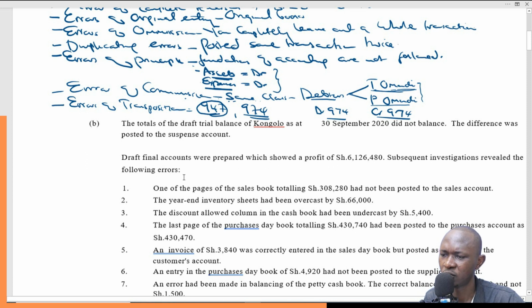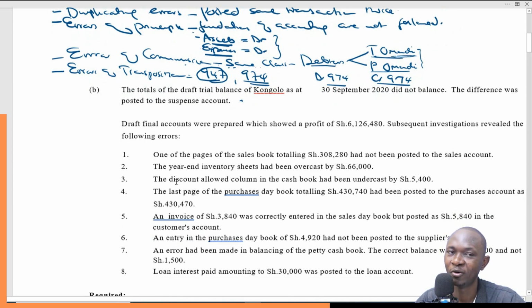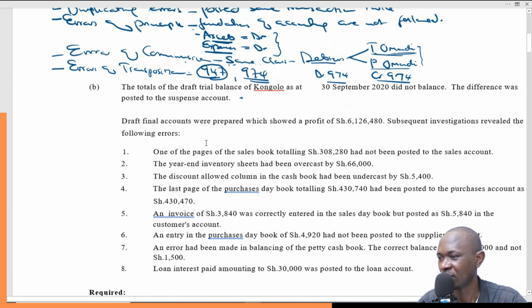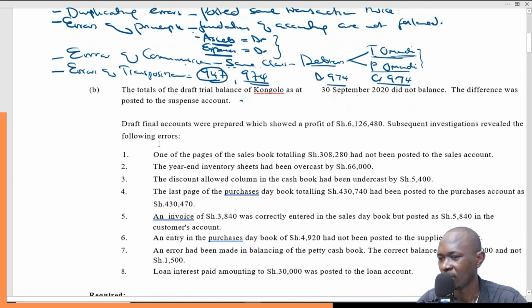So unfortunately, in this question, they have not given us the suspense account, so it may not be that straightforward. If we had been given it, we would have known if we are on the correct track or not. So this one will just have to be very keen and make sure you get it right.